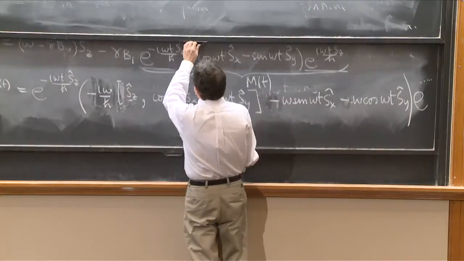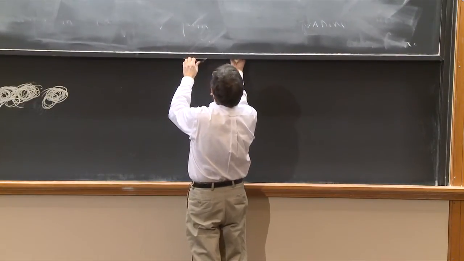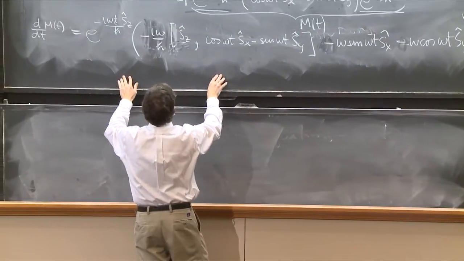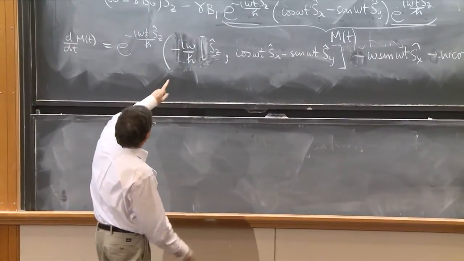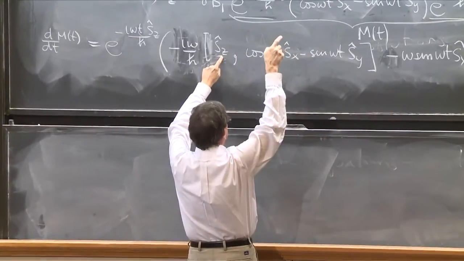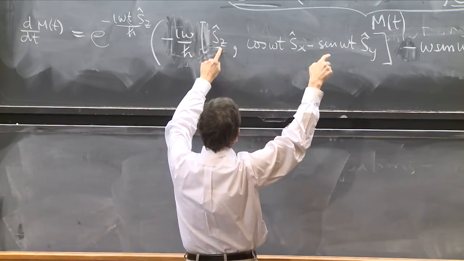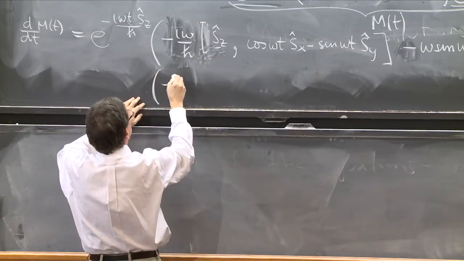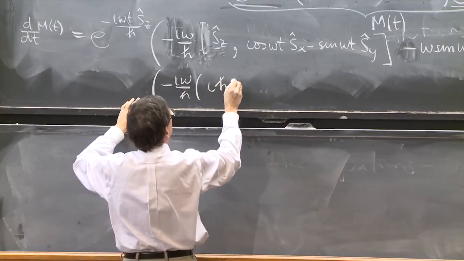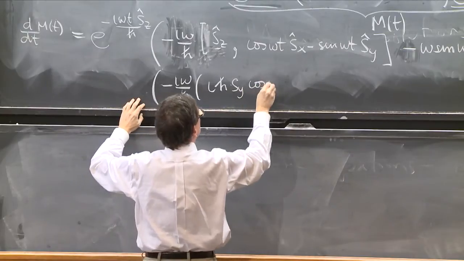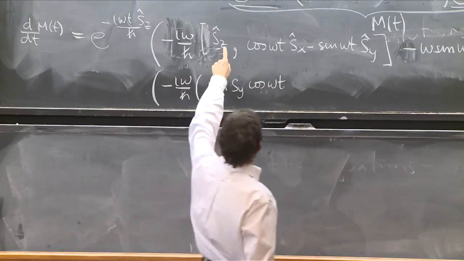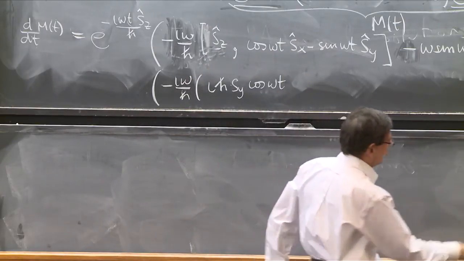So let's see this. Sz with Sx is i h bar Sy. So you get here minus i omega over h bar, i h bar Sy cosine omega t. Because Sz with Sx, you should remember that.